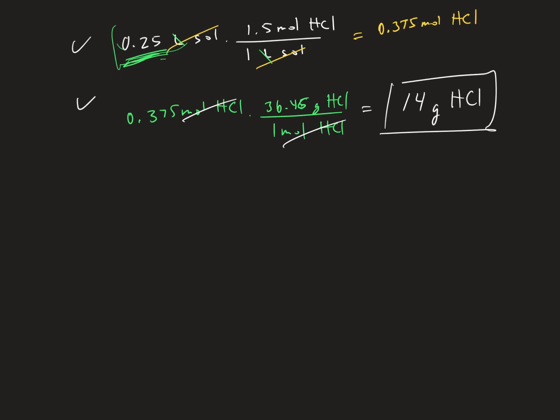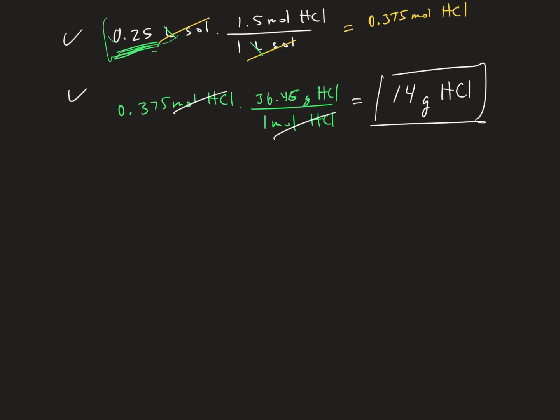All right, let's do one that's kind of like the question we did at the first of class. Let's say we have a 5.65 molar concentration of sulfuric acid, and we want to know what is the concentration of H plus.